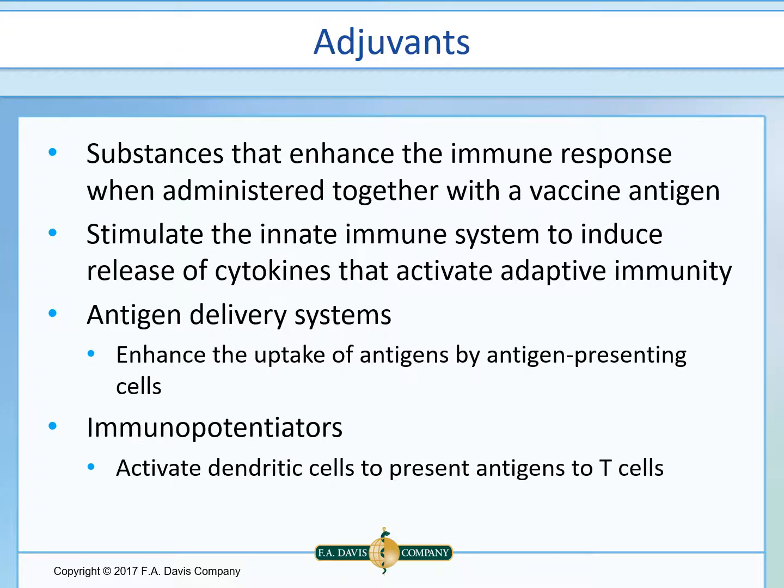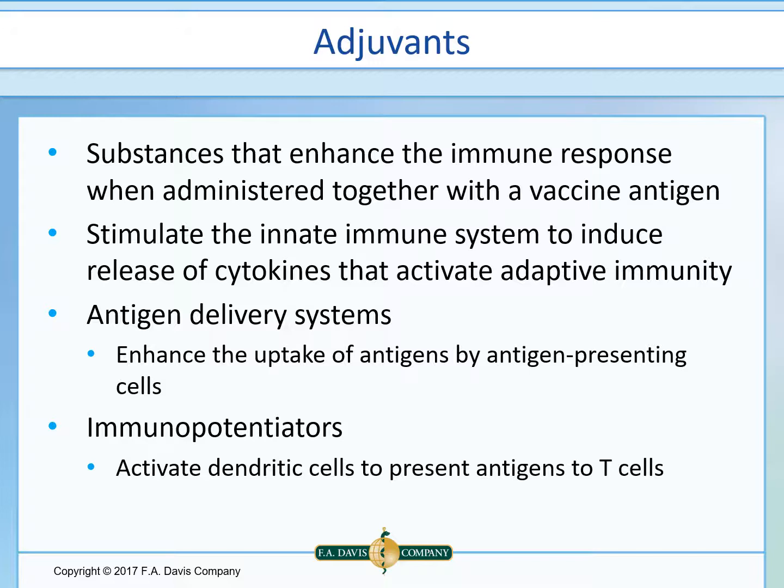Vaccine antigens with a low level of immunogenicity require an adjuvant, a substance that enhances the immune response when administered together with a vaccine antigen. These help stimulate the innate immune system to induce the release of cytokines that activate adaptive immunity.